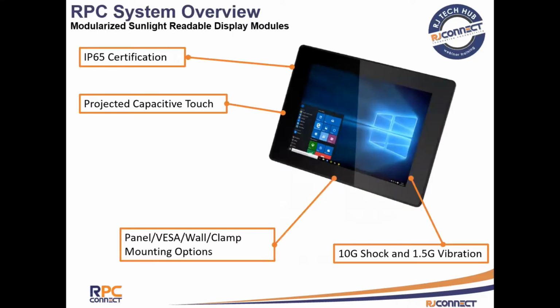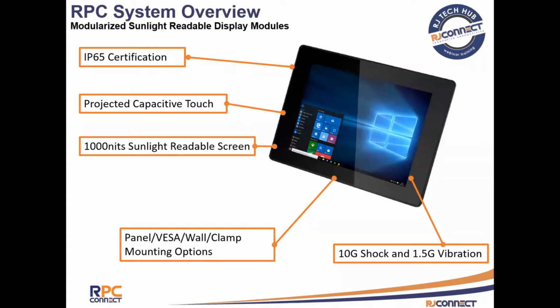Now, here is the modularized sunlight readable display module. This module has the same features as the modularized industrial panel PC display modules, except for the 1000 nits luminance for high brightness display, and it also supports the LCD feature. The display range is from 10.4 to 21.5 inch.